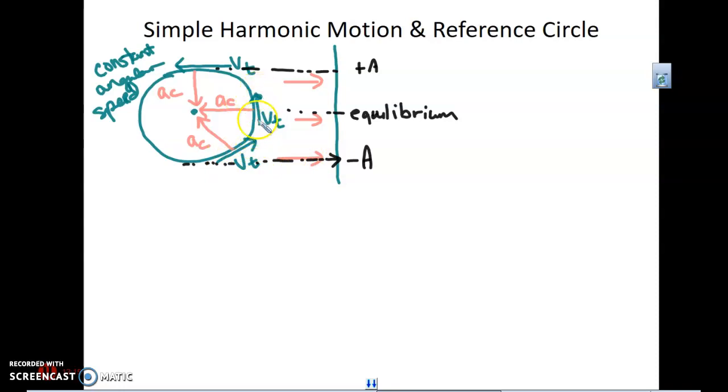We could talk about this as being the entire part of v sub t that we're looking at. And notice that at equilibrium, v sub t is at a maximum, so velocity will be at a maximum. X, the displacement, is at 0, right? Because from equilibrium, x gets further and further away until you get maximum amplitude.